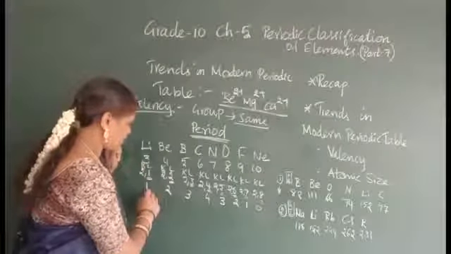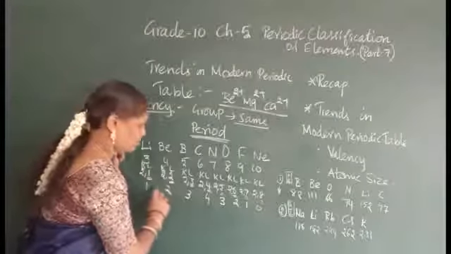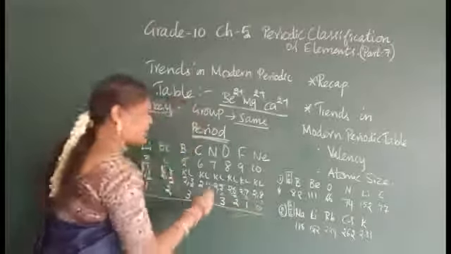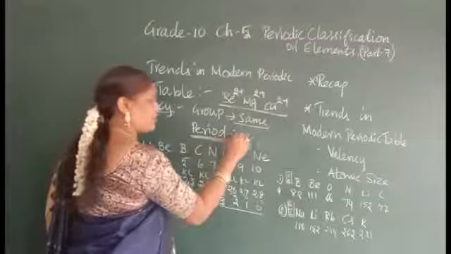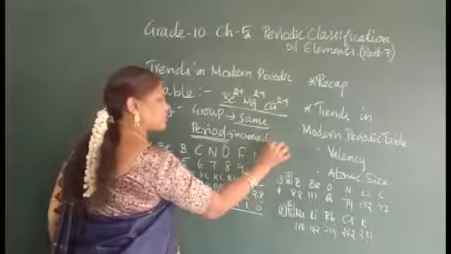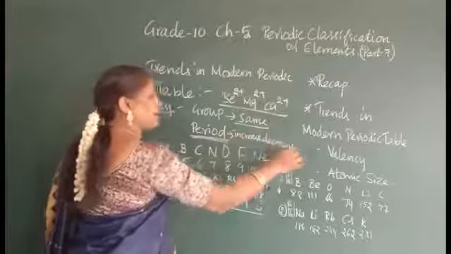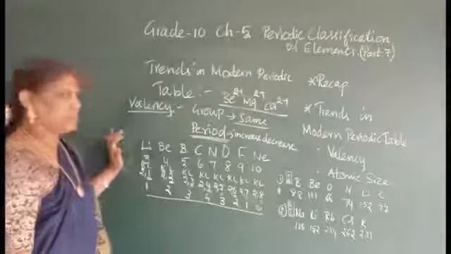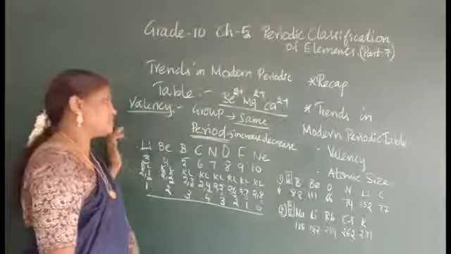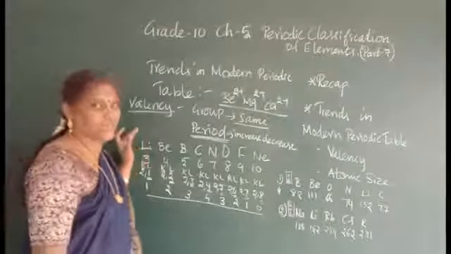So now you tell me what happens in the period when you go from left to right. First it was 1, 2, 3, 4. Next it decreases. So first it will increase, next it will decrease. So the valency in the period starts to increase and then decreases.